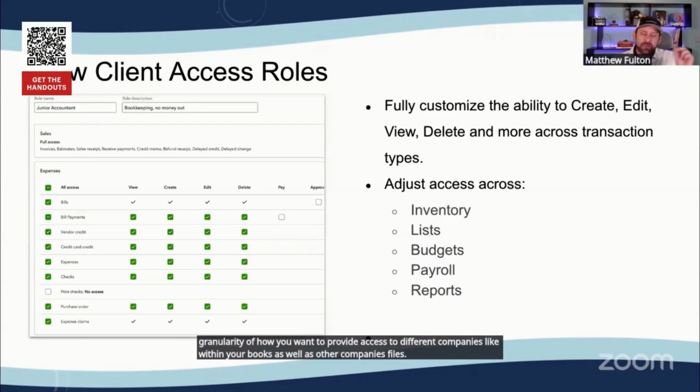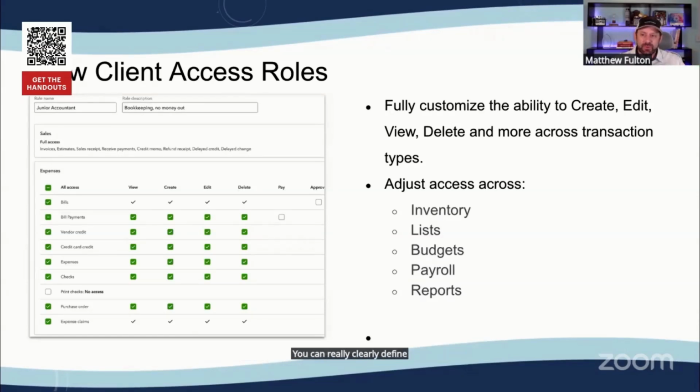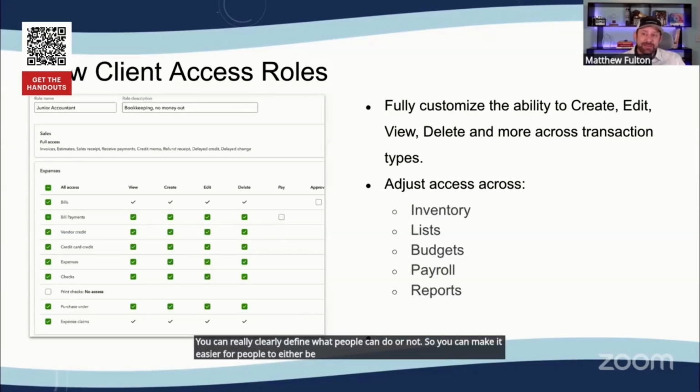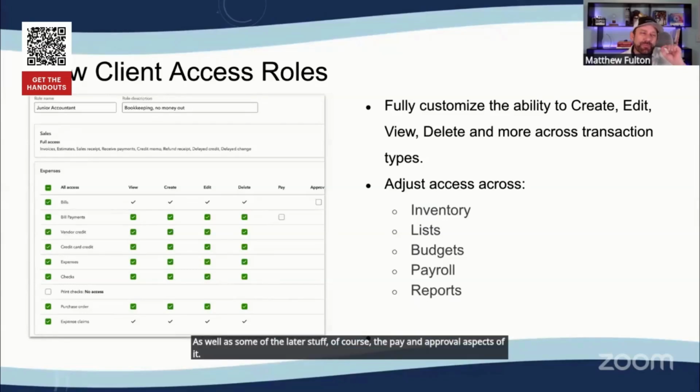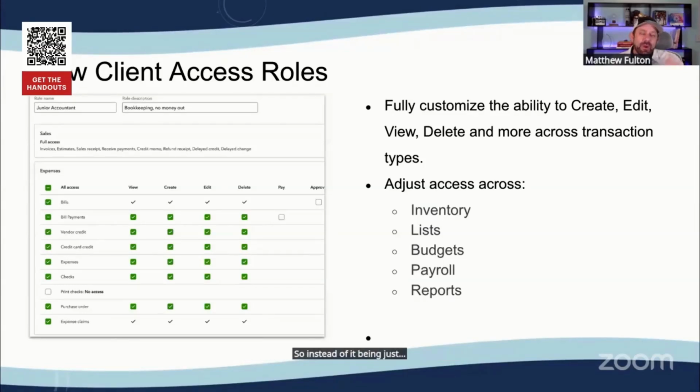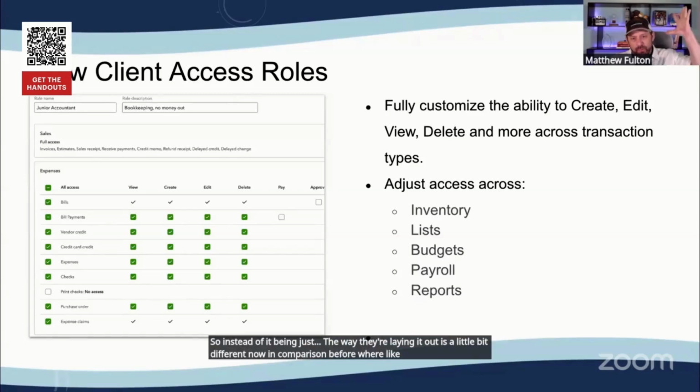You can really clearly define what people can do or not. So you can make it easier for people to either create, edit, delete, or just view, as well as the pay and approval aspects of it. Before, you clicked one thing and it auto-gave everything. Now you can really finesse it.